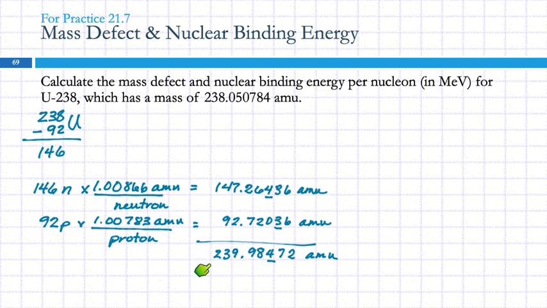This is the mass of the components of a uranium-238 nucleus. We found the number of protons multiplied by their mass, number of neutrons multiplied by their mass, add them together. This is the actual mass of the nuclide. So we need to find the mass defect, which is the difference.